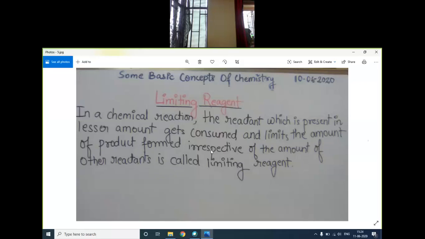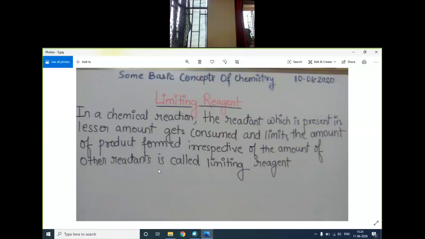Whatever amount of other reactant you are adding, that will not increase the amount of product, because the lesser amount reactant is getting consumed totally. So limiting reagent is the reagent that limits the amount of product formed irrespective of the amount of other reactant.